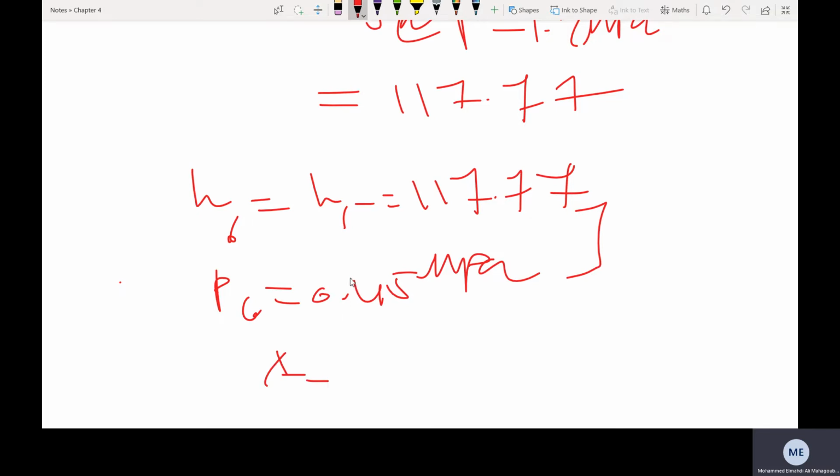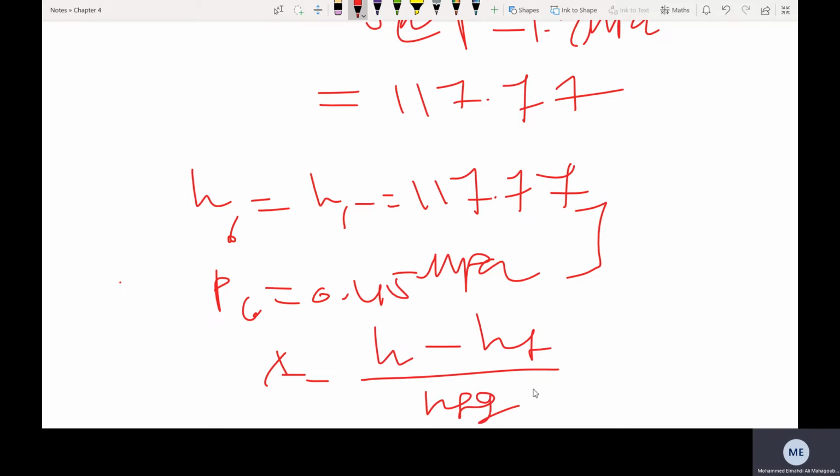I am going to the pressure tables and I'm going to see 450 kilopascals, which is 0.45 megapascals. And with this H, it is of course between, so we have X directly. Remember that X is H minus Hf over Hfg.